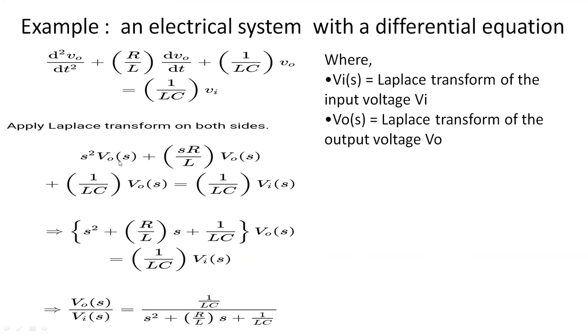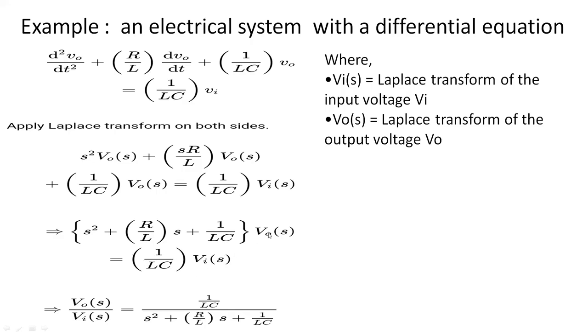So we get S square V0 of S plus S R by L V0 of S plus 1 by LC V0 of S is equal to 1 by LC Vi of S. If we further simplify this, we take out V0 of S: S square plus R by L S plus 1 by LC times V0 of S is equal to 1 by LC Vi of S.